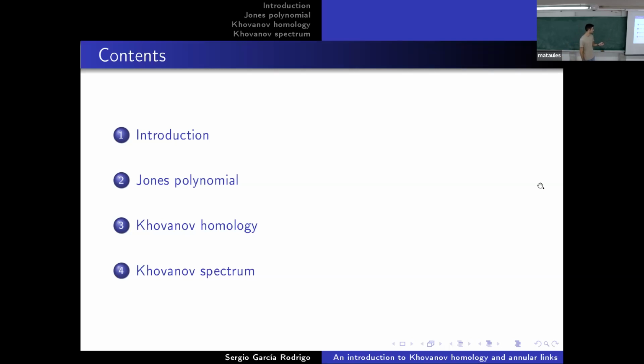There's a fourth section right here, but I promise there won't be any slides about it. It's just a space for me to talk about what we are currently working on. And also along all these sections, we'll introduce both the classical knots and its annular counterparts.